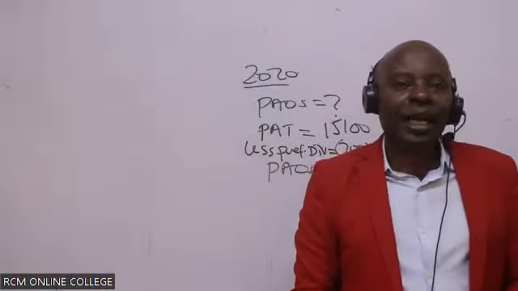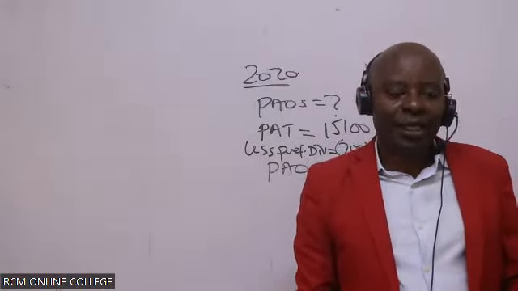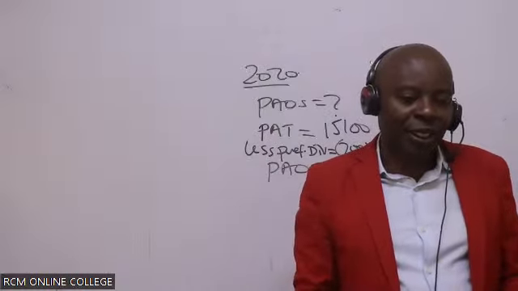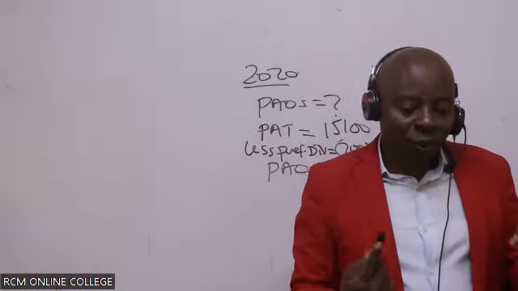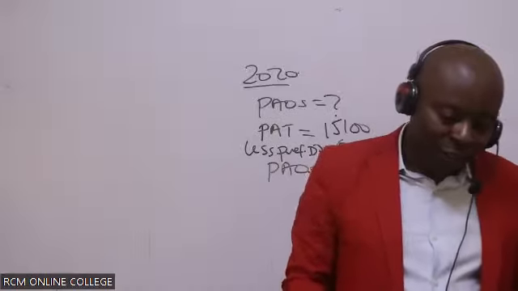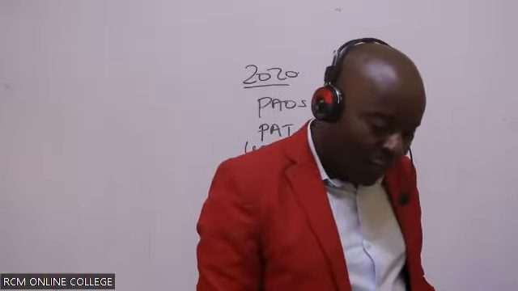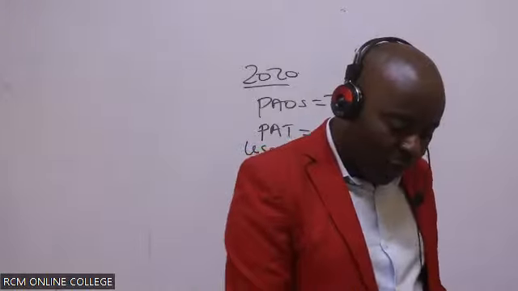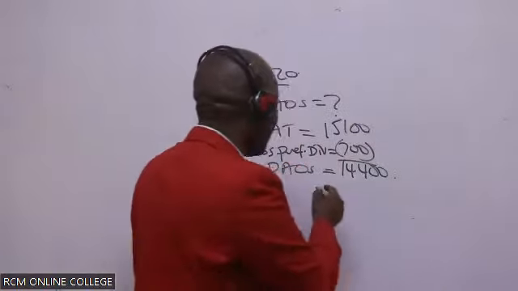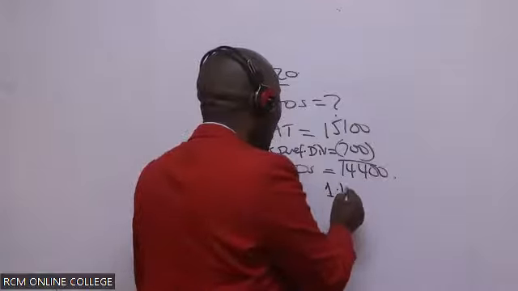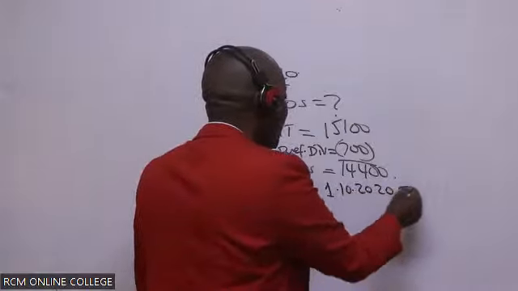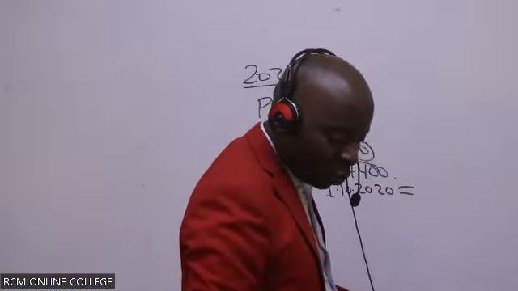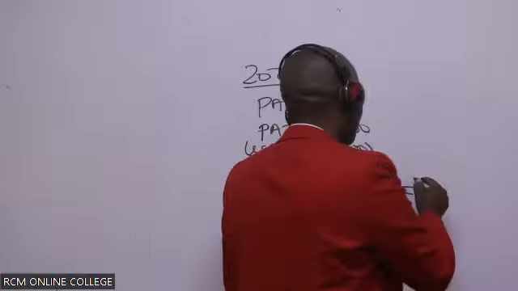Fortunately, in the year ending 2020, nothing happened in terms of ordinary shares. The ordinary shares that we began with, they told us there on 1st October 2020. 1st October 2020 is equal to 30th September 2020.